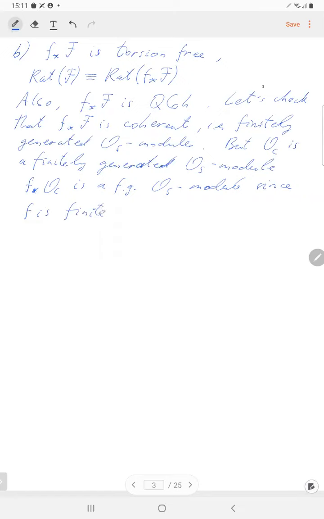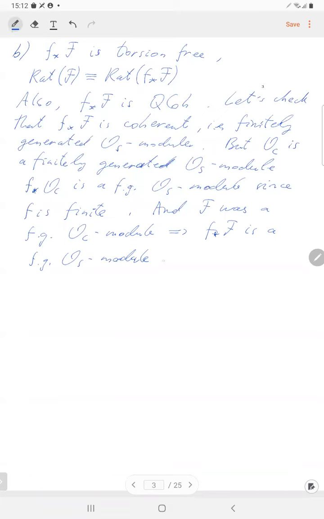It's just a tautology. But our sheaf F was a finitely generated OC module. So combining those two, we see that the direct image is a finitely generated OS module, just because it's a finitely generated module over a finitely generated module over OS.